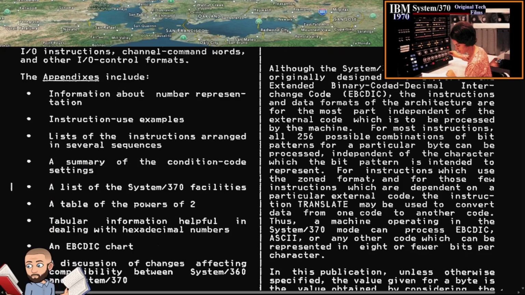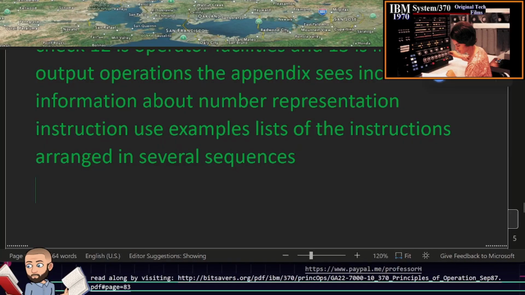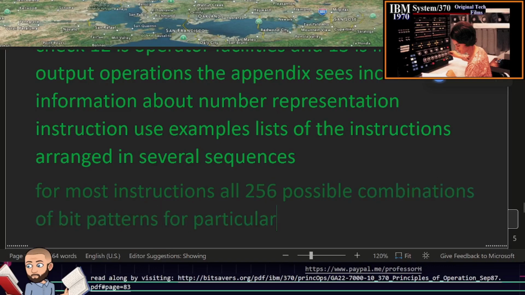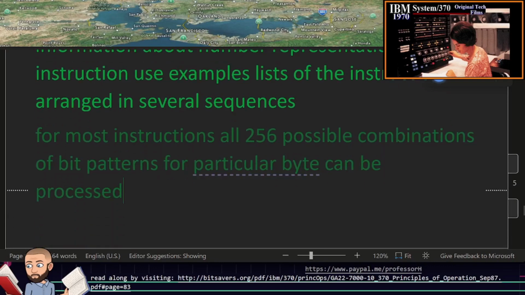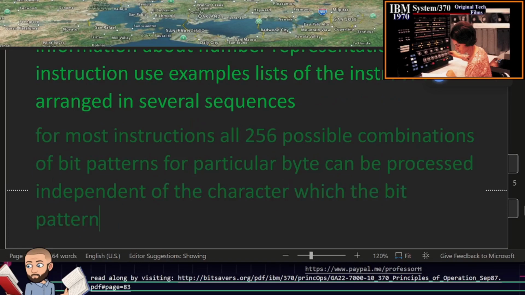Bytes, characters, and codes. Although the System 360 architecture was originally designed to support the extended binary coded decimal interchange code, EBCDIC, the instructions and data formats of the architecture are for the most part independent of the external code, which is to be processed by the machine. For most instructions, all 256 possible combinations of bit patterns for a particular byte can be processed, independent of the character which the bit pattern is intended to represent.